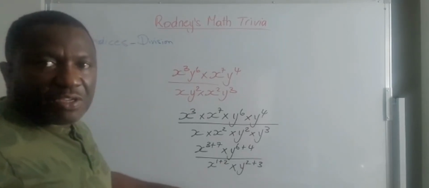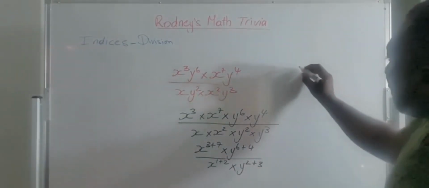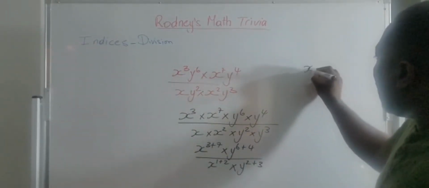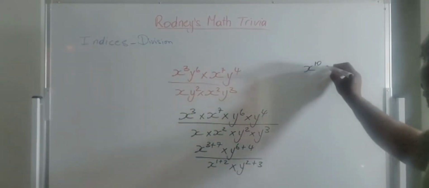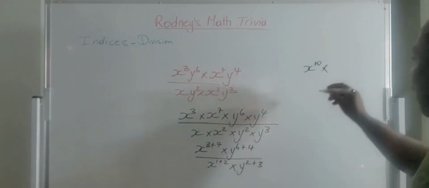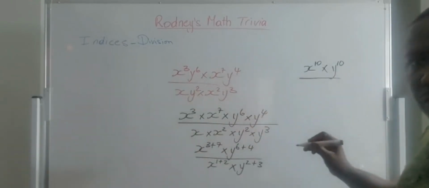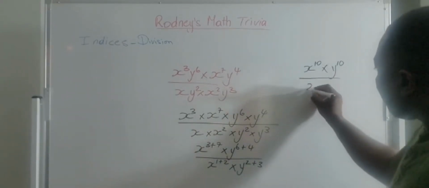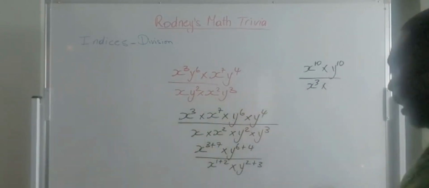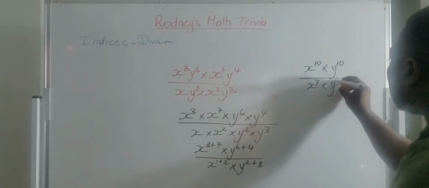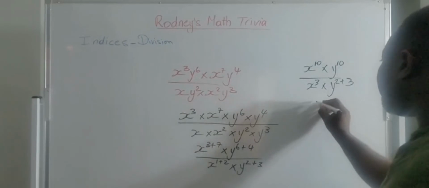This case, going to the numerator here, x, 3 plus 7 will give us 10, times 6 plus 4 will also give us 10, y to the 10th over 1 plus 2 is equal to 3 times y to the 2nd plus 3 results in 5.